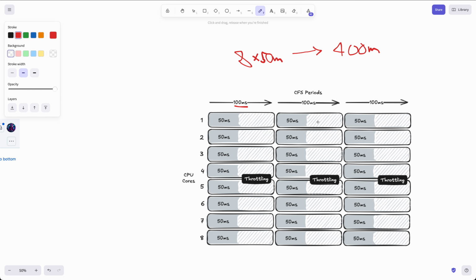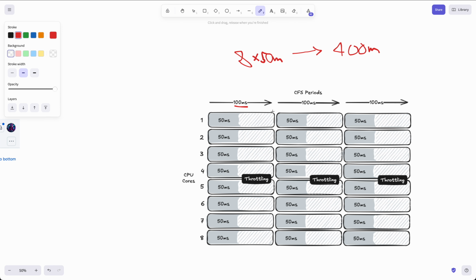And then Linux is going to say, hold on, you've used the full allocated amount of CPU time. To stop you from hogging these resources from the other processes, I'm going to stop you, and you're going to have to wait until this 100 millisecond period ends and we start the next period.